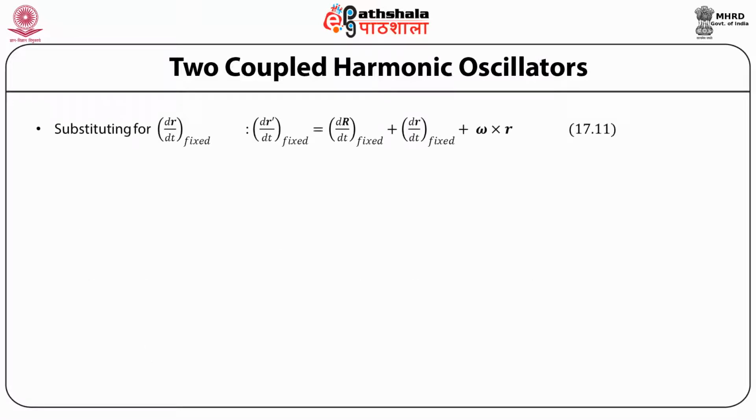Substituting for dr by dt in the fixed frame in terms of what we have done earlier, dr prime by dt is equal to d capital R by dt plus dr by dt plus omega cross r. Or in other words, the velocity in the fixed frame is equal to v plus v rot, that is, the velocity in the rotating frame, plus omega cross r.